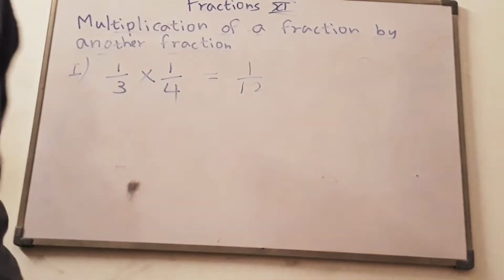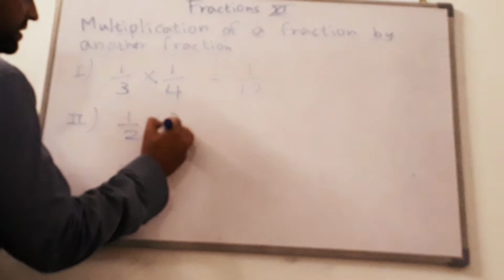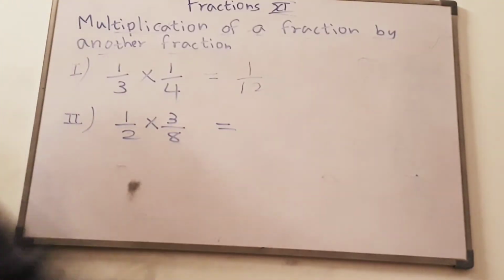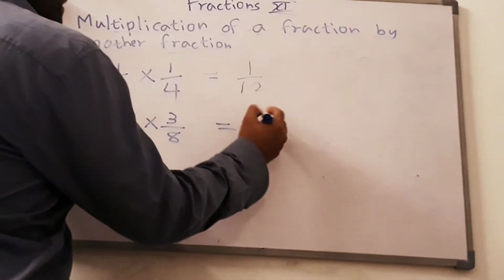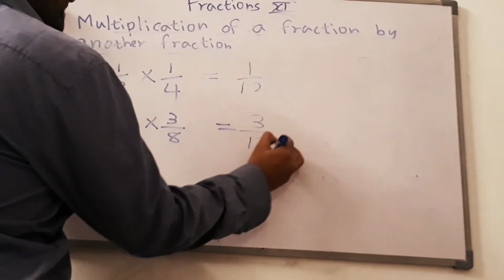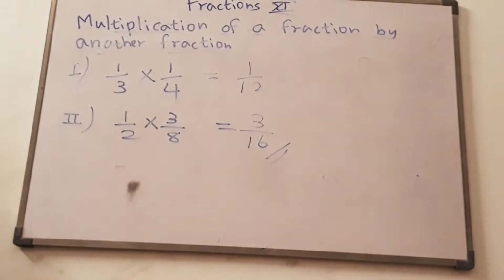This is the answer. Suppose a question like this, second question. Half times 3/8. Here also 1 times 3, 3, 8 times 2, 16. So this is the answer. More sums.